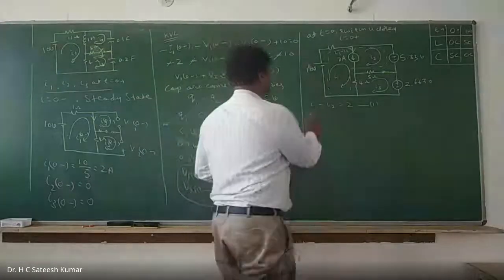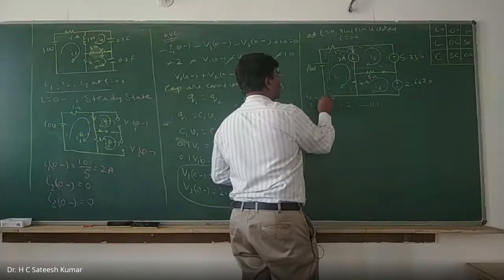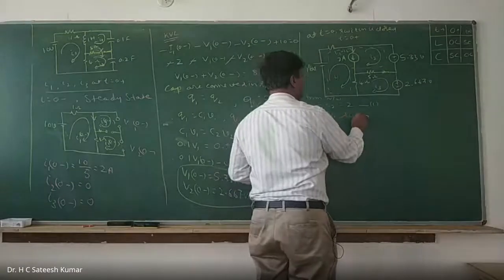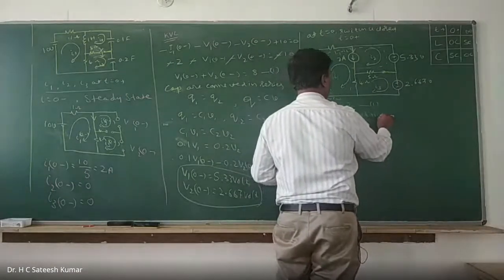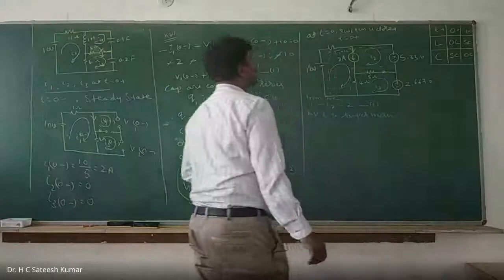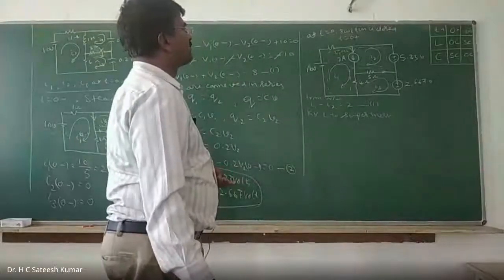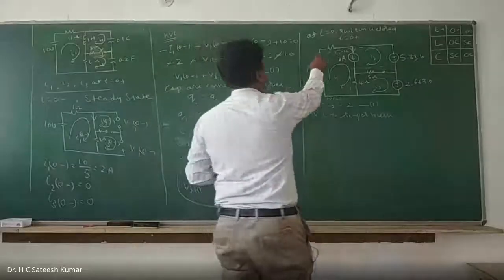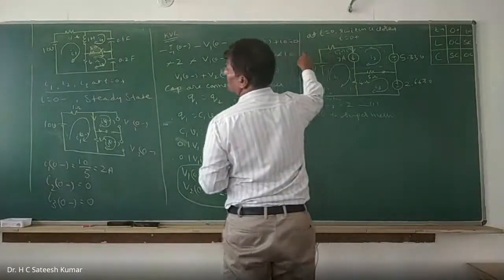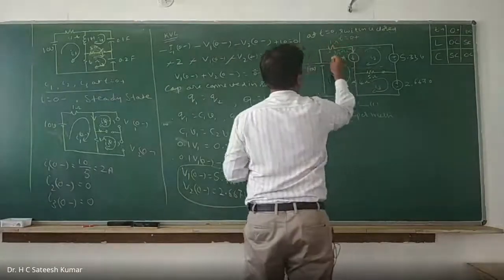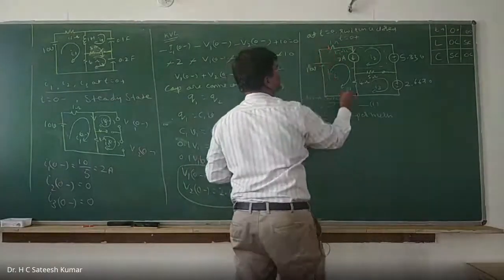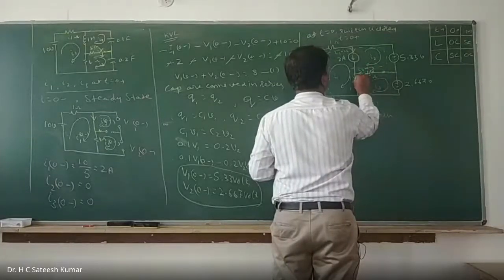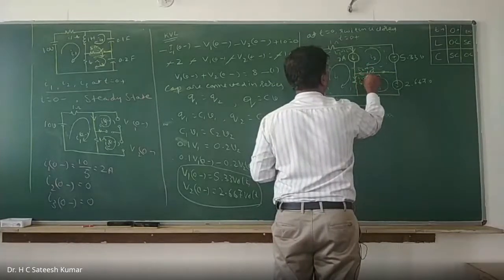Now KVL to the super mesh. From the network we can write it. Start from this point. This is 1 ohm. The current here is I2 minus I3, and this is I1 minus I3.